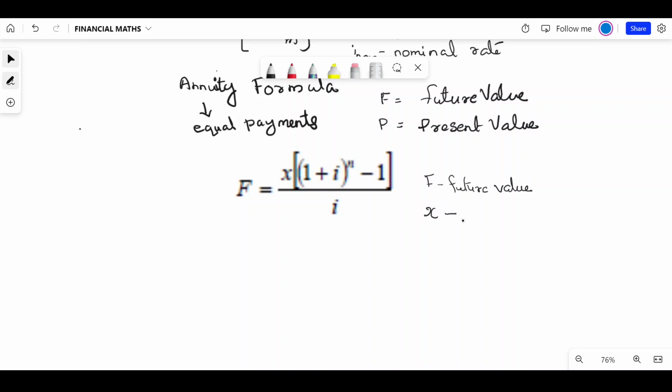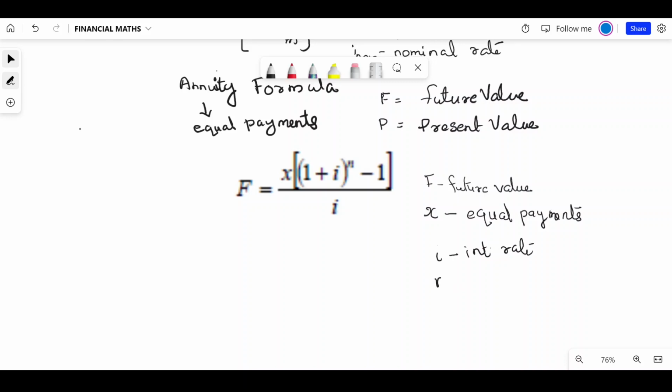Let's go to x. x is the equal payment, whether you are paying monthly or quarterly. That equal payment is called x, which was not in the above formula. There was no equal payment, so x is only in the future value formula and present value formula. And i represents the interest rate, no change in that.